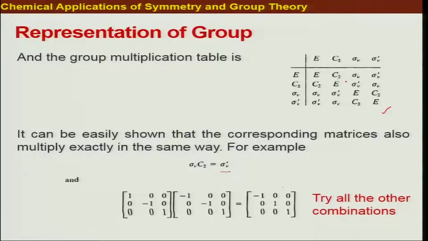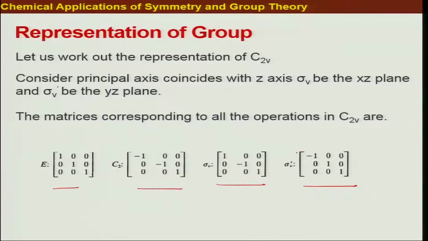Okay, so now we take the matrix representations for this sigma v and C2z as it is written here, combine them, and we get this matrix. Now what this matrix stands for, if we just go back, we see that this corresponds to sigma v prime, right?